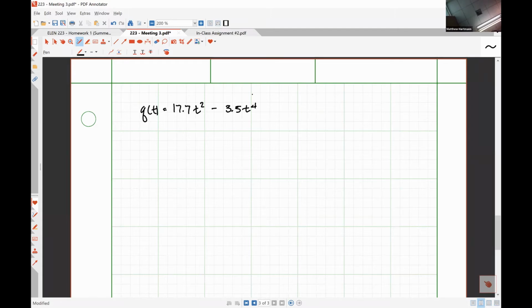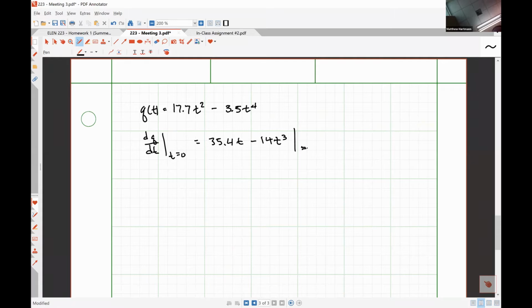So what you had suggested was that we take the derivative and set it equal to 0, which is perfectly reasonable. So dq by dt would be 2 times 17.7, which is 35.4 t. 4 times 3.5 is going to be 14, so that's minus 14 t cubed.